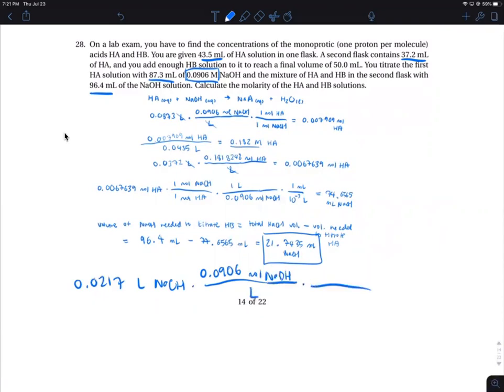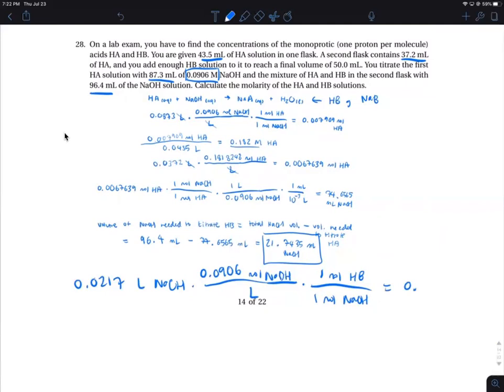And again, it's the same ratio, even with HB and NaOH. So 1 mole HB, 1 mole NaOH.